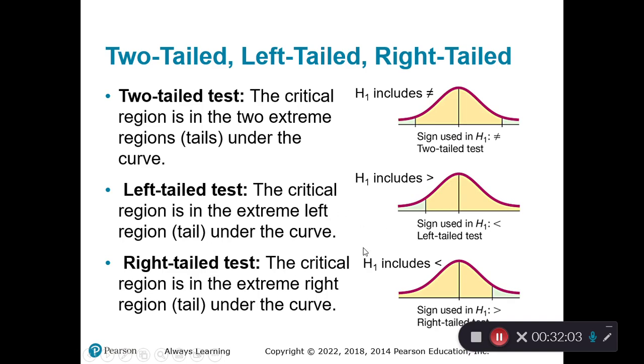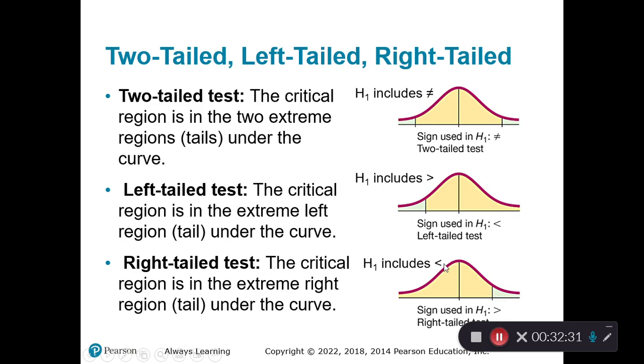A left-tailed test is one, and I have these backwards. Ignore where my cursor is now, this one's correct. A left-tailed test includes the less than symbol, so this is incorrect here. And we're looking at the critical region only being in the left tail. A right-tailed test is one in which the alternative hypothesis uses the greater than symbol. So again, this is backwards.